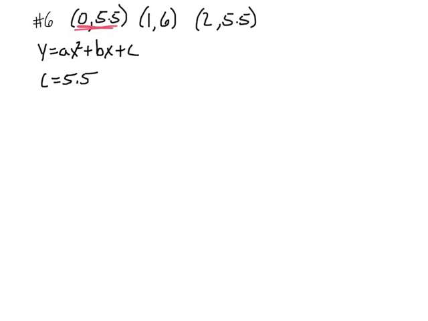So C equals 5.5. Well, now we need to find A and B, so I use my second point. So therefore, 6 equals A times 1 squared plus B times 1 plus C. And multiplying that out, whoops, I'm sorry, not plus C. What's C equal? Yeah, C should be 5.5.